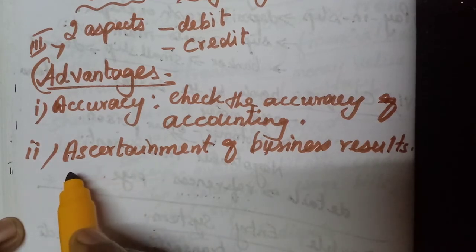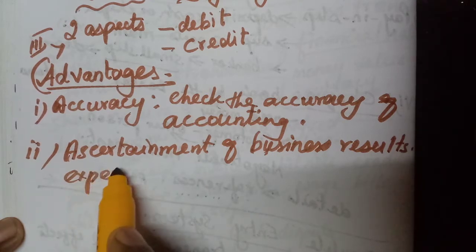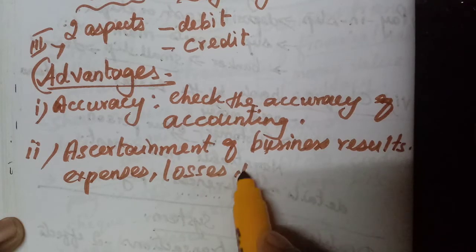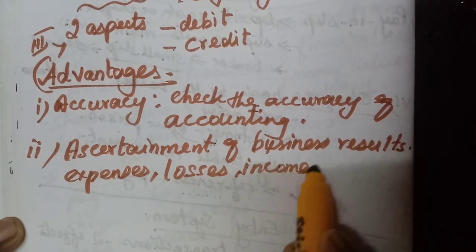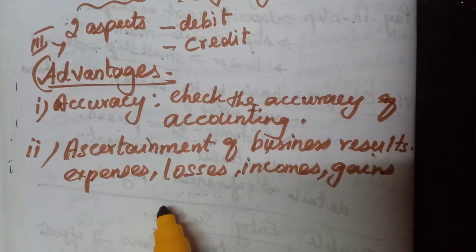For the profit and loss account, we need the expenses, then losses, incomes, gains. We can calculate the profit or loss of the business.